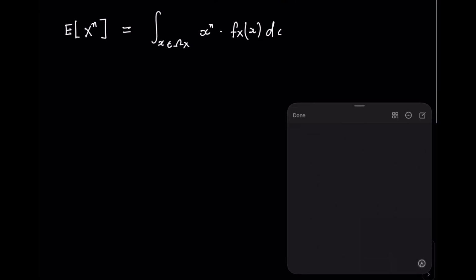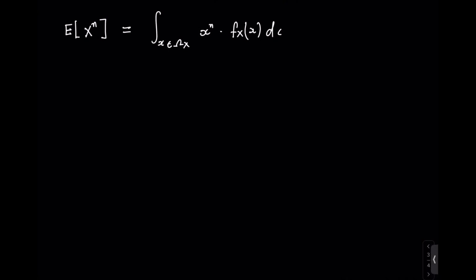So the expected value of x to the power of n, or the nth moment of x, again we're going to use the continuous definition of the integral: x in the support of x to the power of n multiplied by the probability density function of x, evaluated at x.